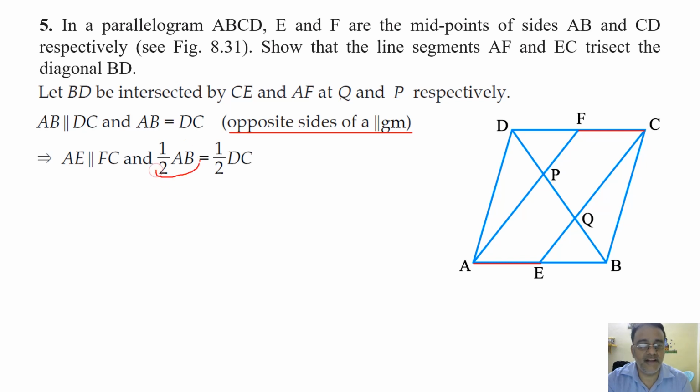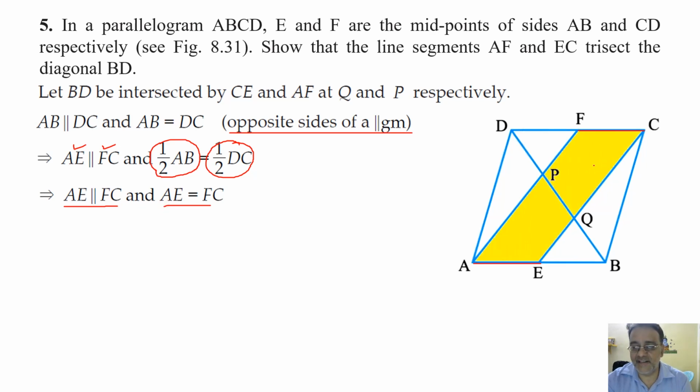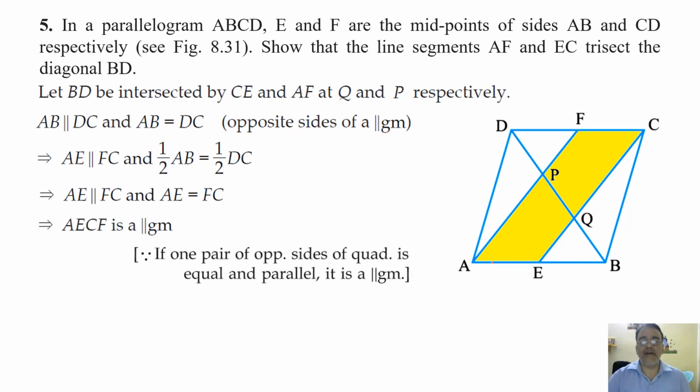What you can write in place of half of AB? AE. In place of half of DC? FC. Right. So now one pair of opposite sides is equal and parallel. So ये जो quadrilateral दिख रहा है, the yellow color का, this is a parallelogram. Why? Because if one pair of opposite sides of a quadrilateral is equal and parallel, it is a parallelogram.